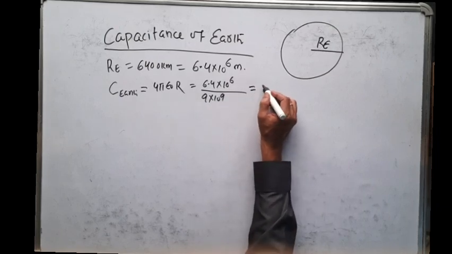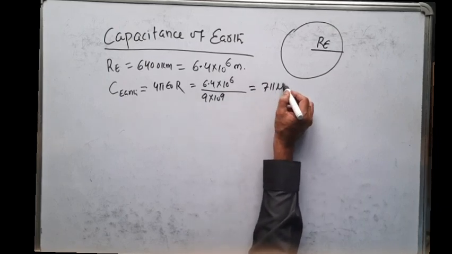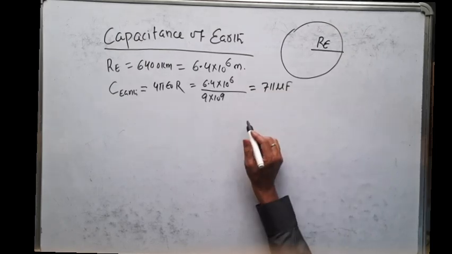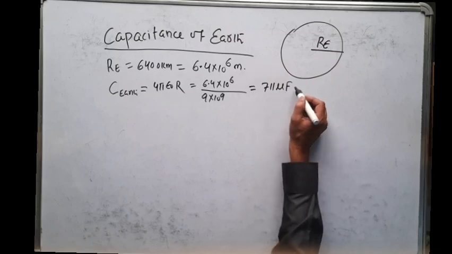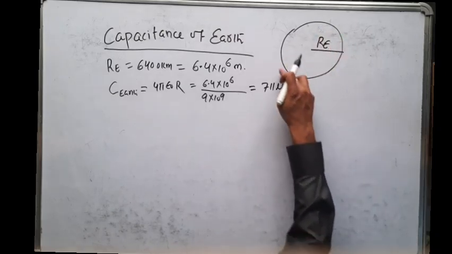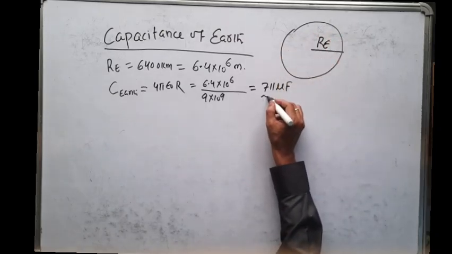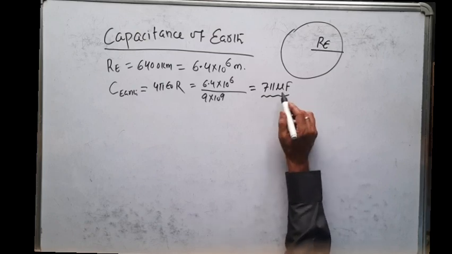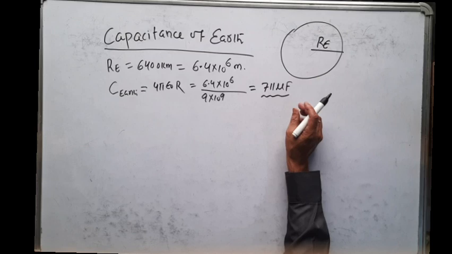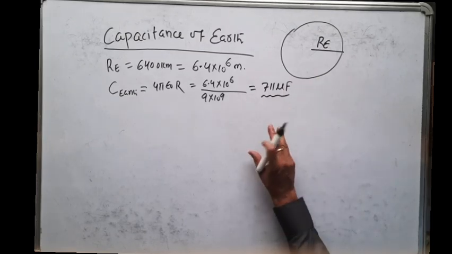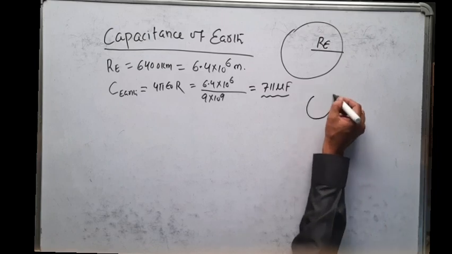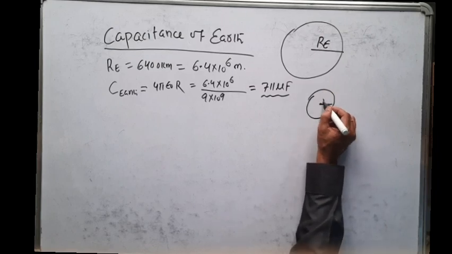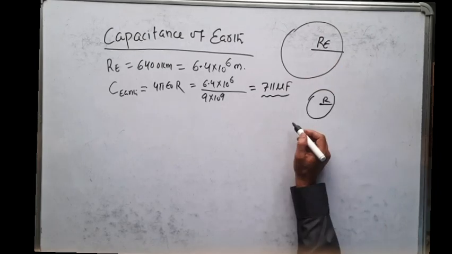So if you calculate, you will get 711 microfarad. Now see, generally the earth's radius is very large, so with that very large radius we are getting 711 microfarad. But generally in our environment, we will take a metallic spherical conductor whose radius is very small compared to earth.